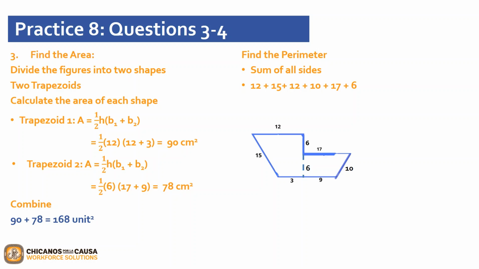Remember, we are finding the perimeter of the shape, so we have to use only the outside sides, not the inside ones. When we grab all the numbers, we have 12 plus 15 plus 12 plus 10 plus 17 plus 6, which gives us a total of 72 units. So therefore, our perimeter for question 3 is 72 units.